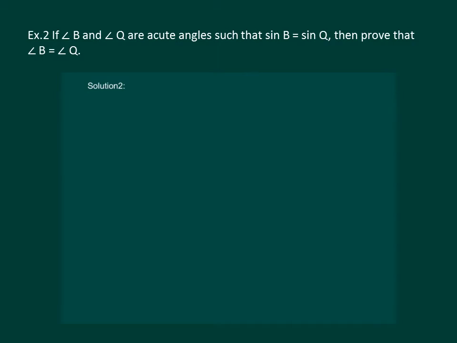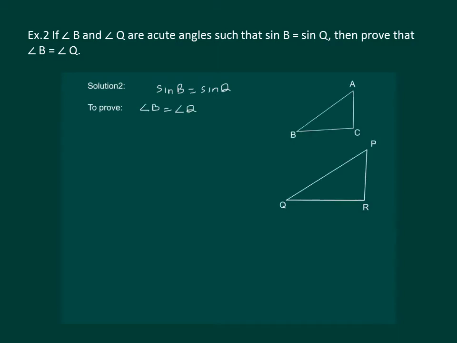Let us read the question. If angle B and angle Q are acute angles such that sine B equal to sine Q, then prove that angle B equal to angle Q. For the proof, let us consider two right triangles ABC and PQR.